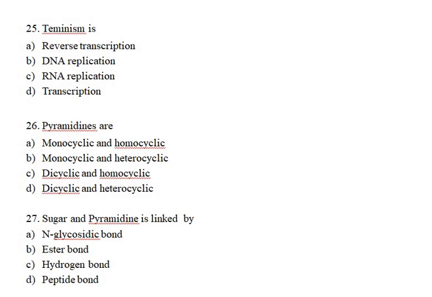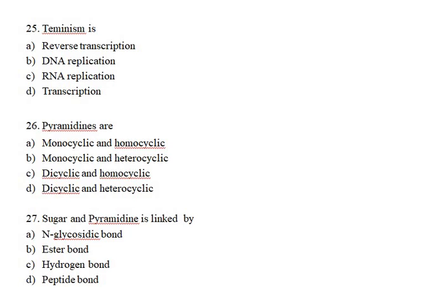Now coming to the question number 27. Sugar and pyrimidine is linked by option A, N-glycosidic bond, option B, ester bond, option C, hydrogen bond, option D, peptide bond. So we already discussed this pyrimidine is nothing but nitrogen base. Here sugar and nitrogen base is linked by N-glycosidic bond.